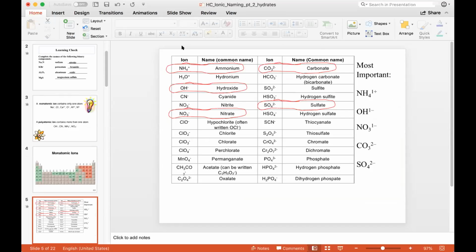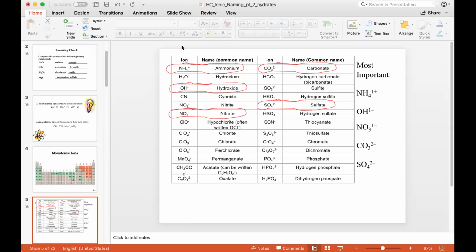Some of them are very common, some of them are a whole lot less common. The most important and most common ones that you'll hear and see are the ammonium, the hydroxide, nitrate, carbonate, and sulfate.